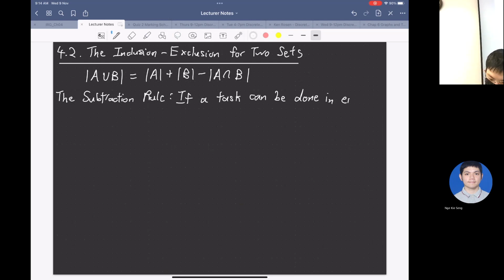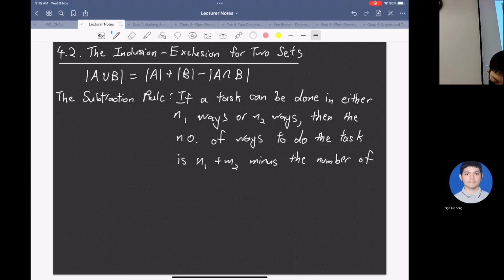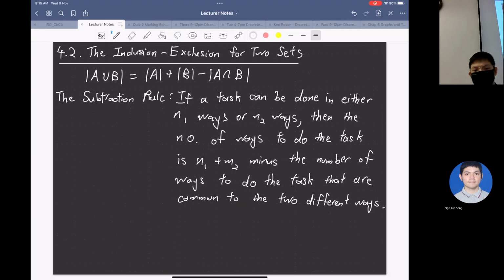Now we don't exclude it, so we count all the possible ways, then we take away the number of intersections. This one we have seen last time already.